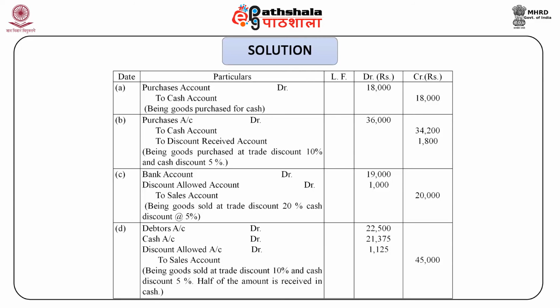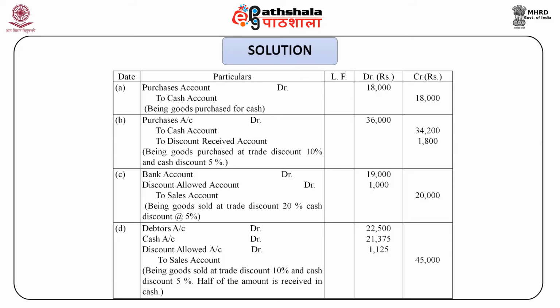The entries to these transactions can be passed as follows. A. Purchased goods for cash from Sanjay with MRP of Rs 20,000 at terms 10% trade discount. The entry would be purchases account debited to cash account by 18,000 rupees.